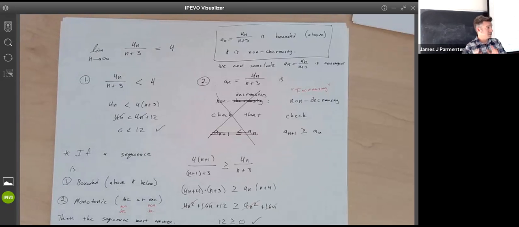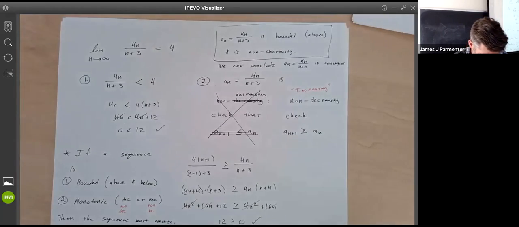For sequences, it doesn't matter what happens in the first 1 billion terms or however many you want, as long as eventually it does the thing you need, which is great because it means you can ignore stuff until things that you want to happen. I'll say more about that as we go on. If you want to see if a series converges, it doesn't matter if the first 20 terms do some wacky stuff, as long as afterwards it does what you need.